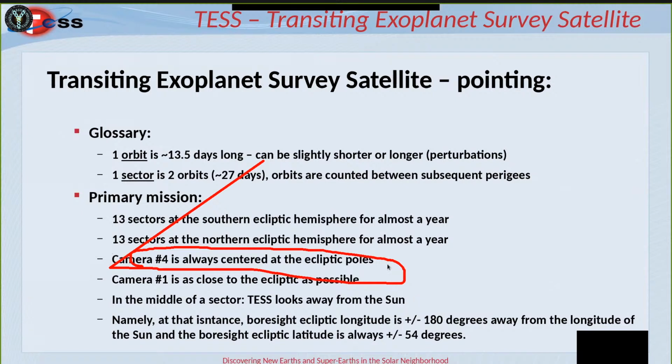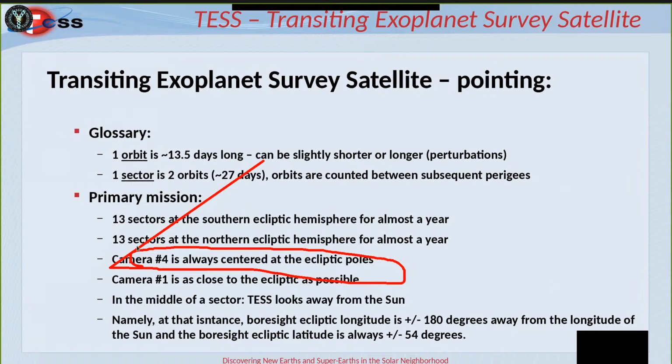If you just consider these definitions, these are 3 constraints: camera 4 always centers at the ecliptic poles, camera 1 is as close to the ecliptic as possible, and TESS looks away from the Sun in the middle of the sector, which is the gap between orbit 1 and orbit 2, so the first and the second orbit of the given sector, which means that the data are downlinked in that few hours of gap.